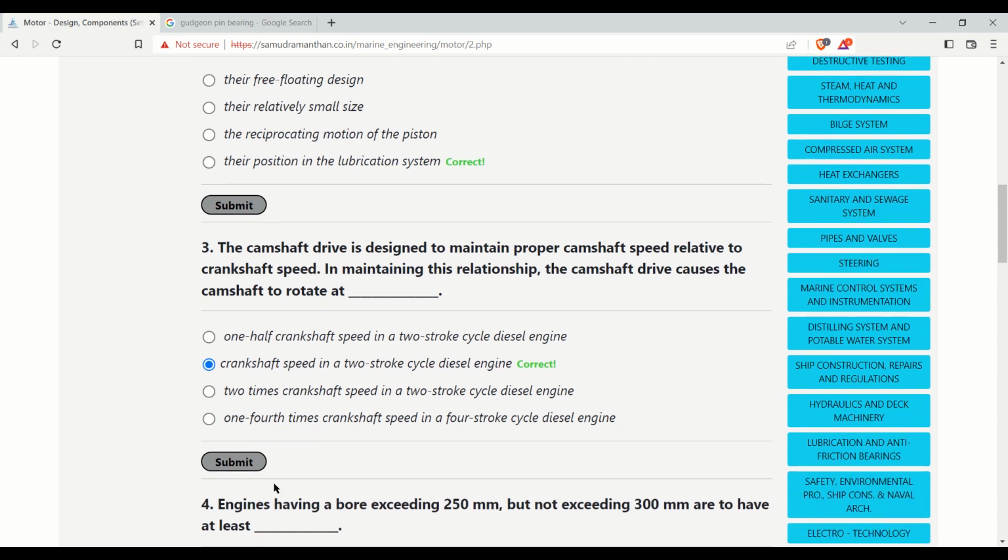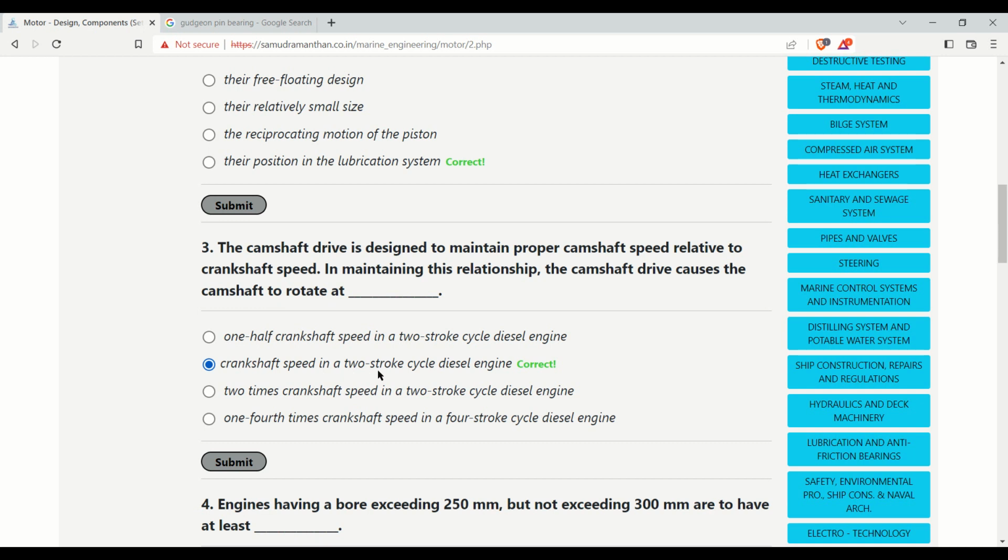because for every revolution in a 2-stroke diesel engine there is one revolution of the camshaft. The speed of the camshaft and the crankshaft in the 2-stroke engine is the same, a 1:1 ratio, and for the 4-stroke engine, for 2 revolutions of the crankshaft there is 1 revolution of the camshaft.